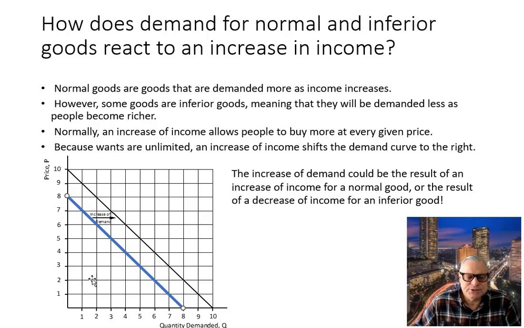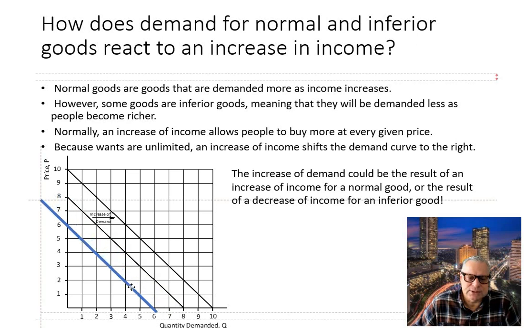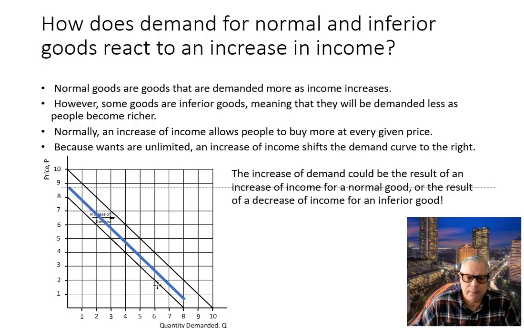Currently instant noodles cost 2 and your quantity demanded is 6. Well, if you become richer, it seems unlikely that you are now demanding more instant noodles. That's not going to happen. If you become richer, your demand function for instant noodles probably goes down.